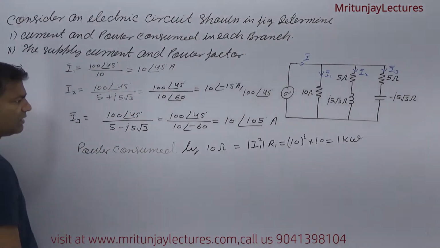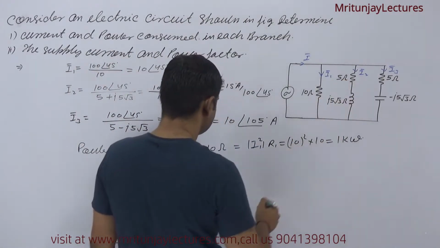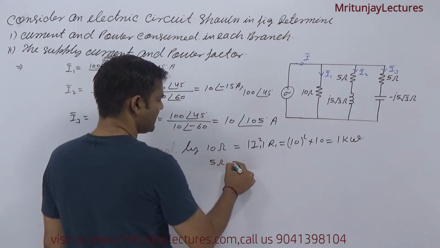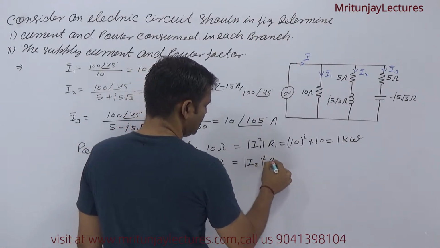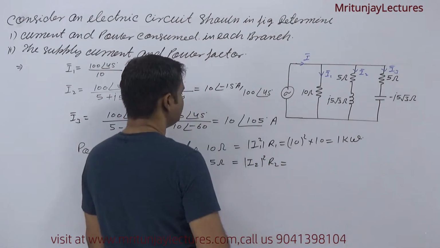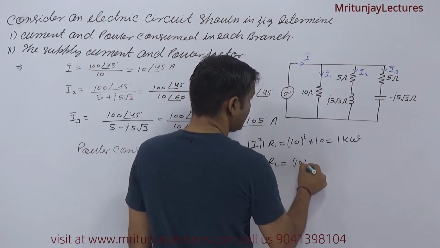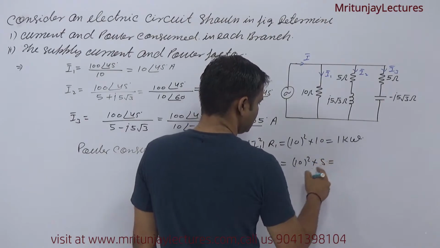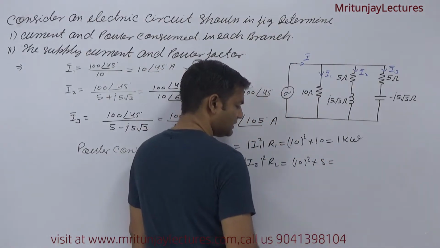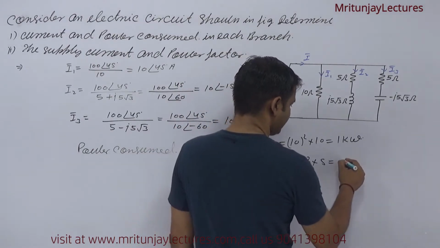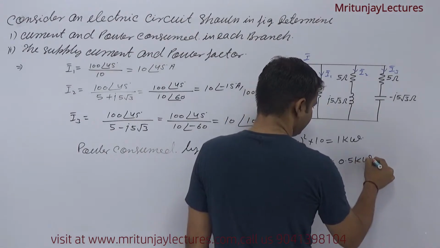Now the second one, the power consumed by the 5 ohm resistance, is I2 squared into R2. The magnitude of I2 is 10, so 10 squared into 5, that is 100 into 5, that is 500, or 0.5 kilowatt.